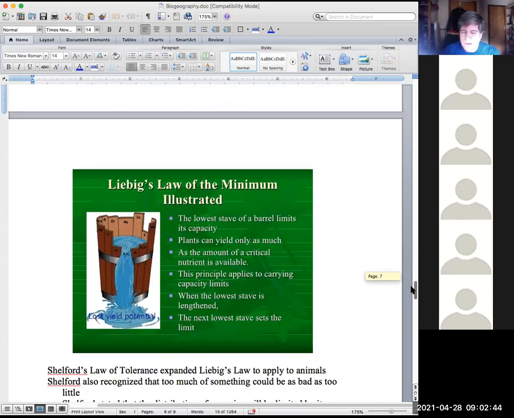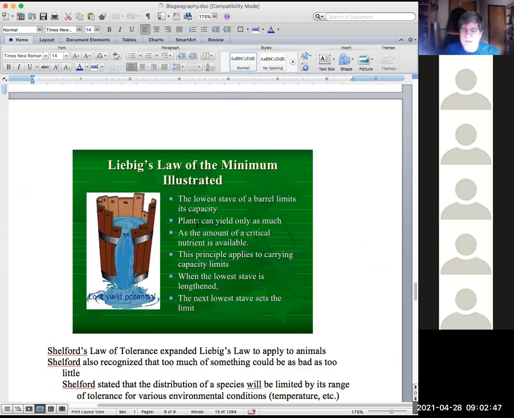One of the ways that the law of the minimum is often illustrated is by thinking of a population of organisms like water. And the bucket around the water represents their environment. And each stave or each slat of the bucket, this is an old-fashioned wooden bucket, is a different height.